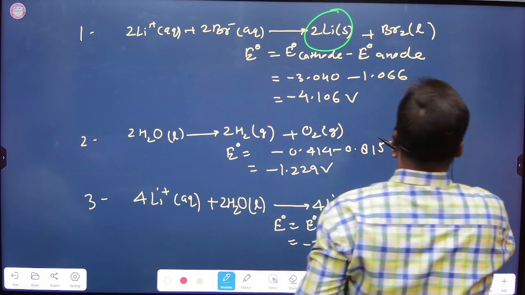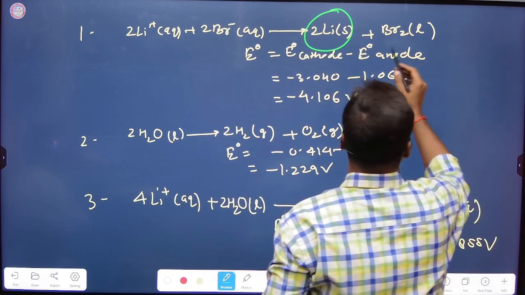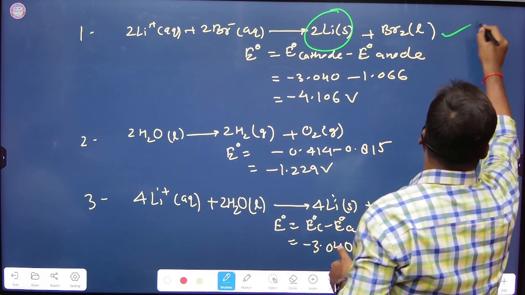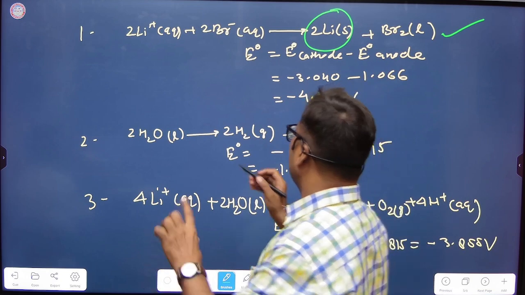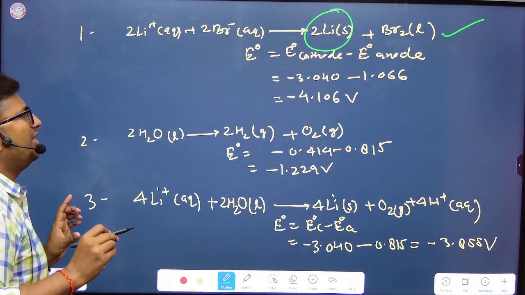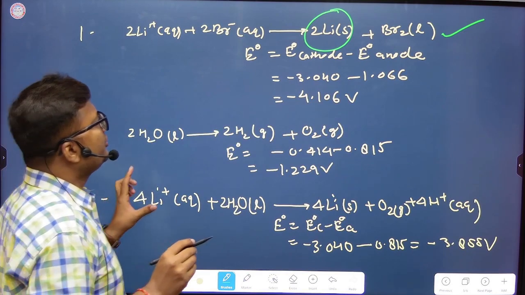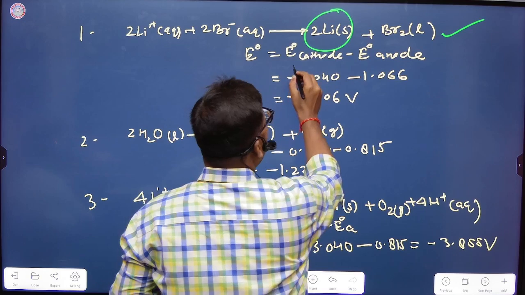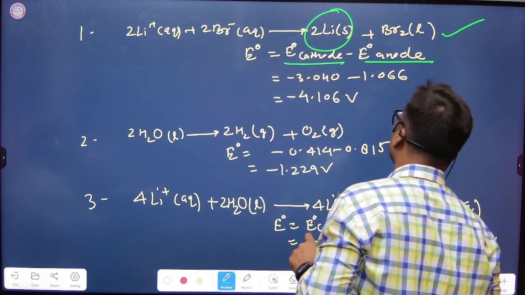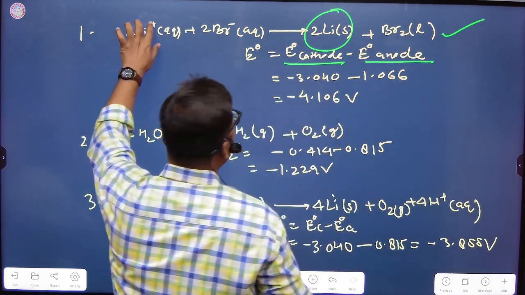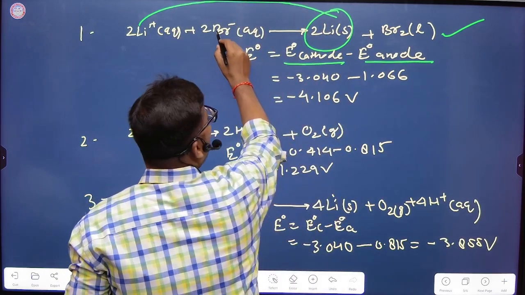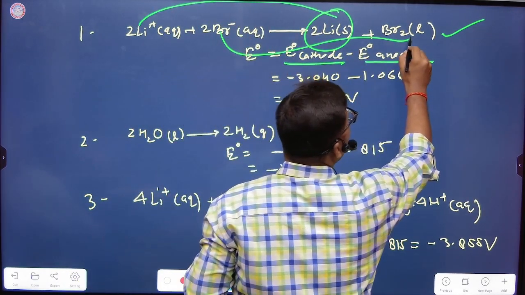So there is a chance of production of lithium solid and bromine liquid, right? So such an electrolytic cell actually consists of overall E0 cathode minus E0 anode, because here lithium plus is reduced, right, and bromide ion is oxidized.